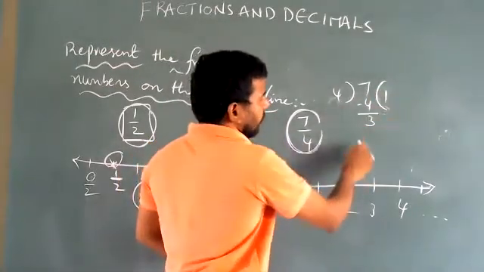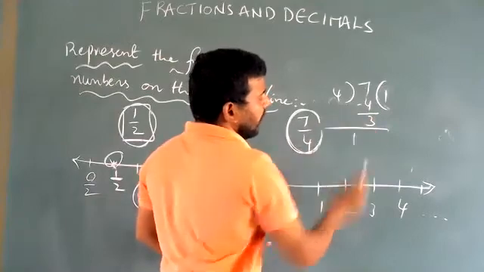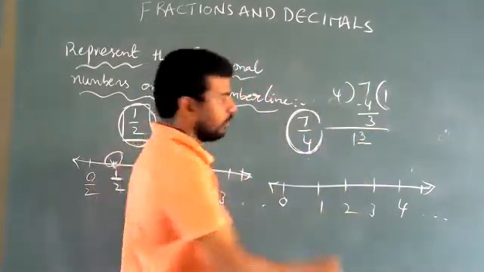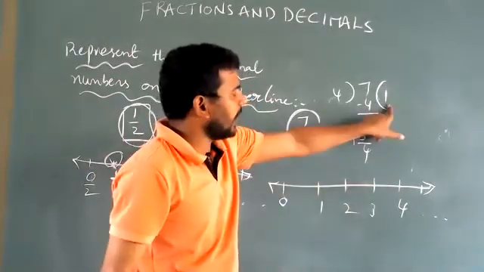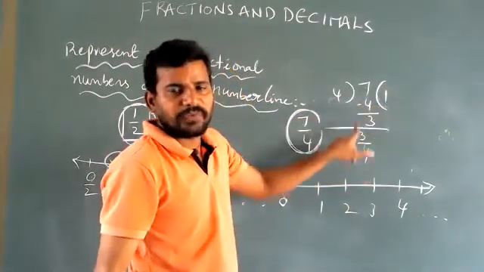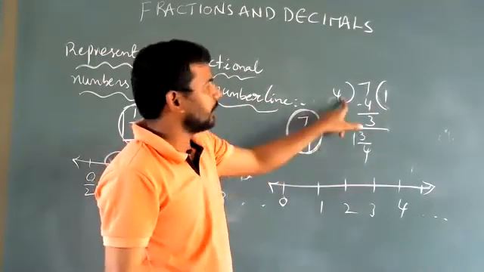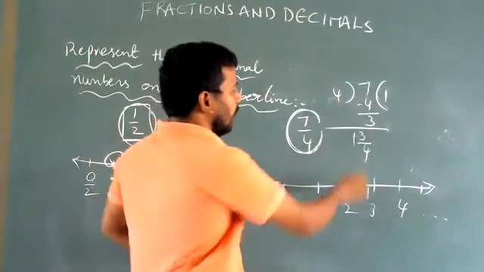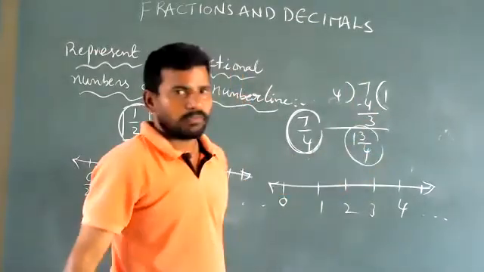So quotient here is 1. What is the remainder? 3. What is the divisor? 4. So first you take the quotient, after that the remainder, after that the divisor. So 1 3 by 4.